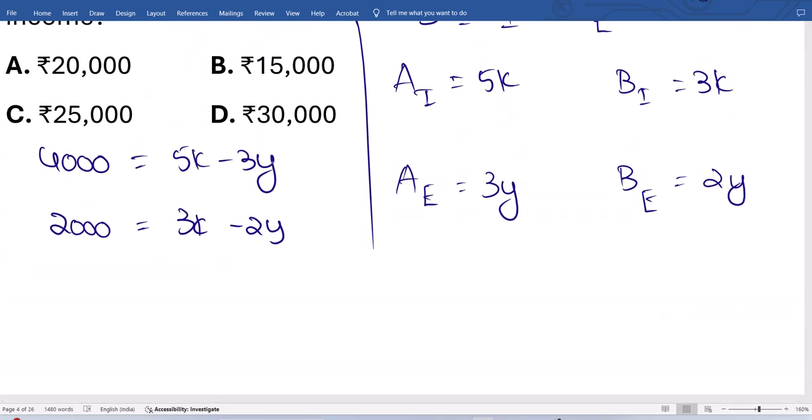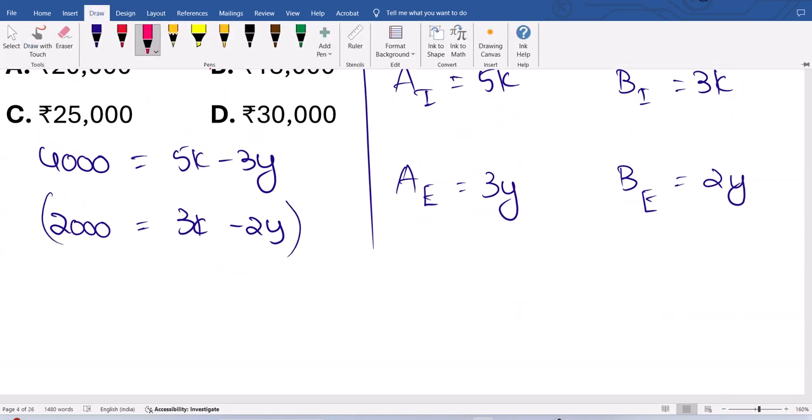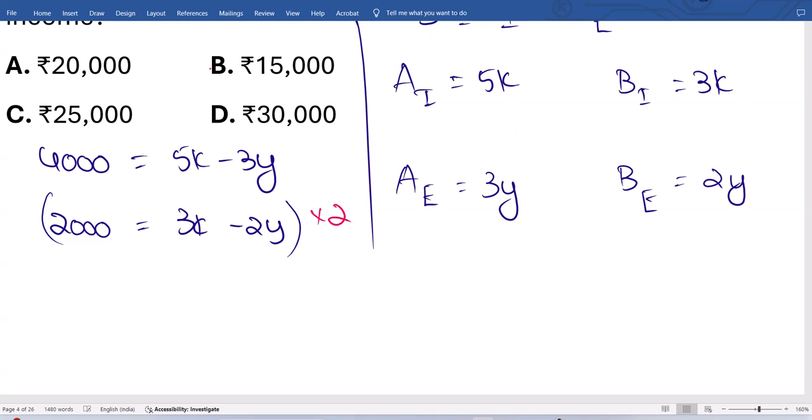There are two equations, you can solve them your own way, it's your choice. But I like multiplying the second equation by 2. The first equation is 4000 equals 5K minus 3Y. The second equation is 4000 equals 6K minus 4Y.